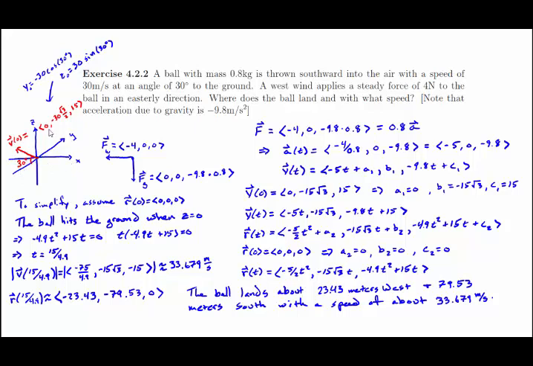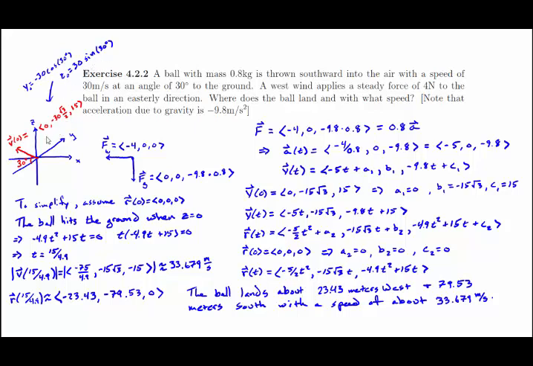If I look at that, and we know that the initial velocity is 30 meters per second, the magnitude of that velocity, then we know that in the x direction there's no velocity because it's being thrown due southward. My initial y velocity is going to be -30 cos(30°). It's negative because we're going in the southward direction. In the z direction, we are throwing it upwards, so the initial z velocity is 30 sin(30°).